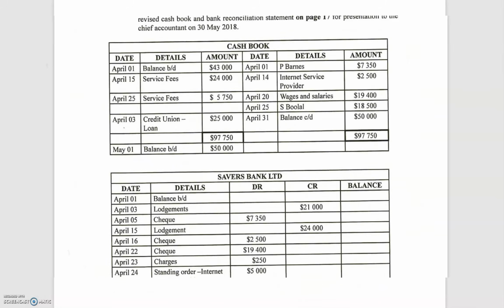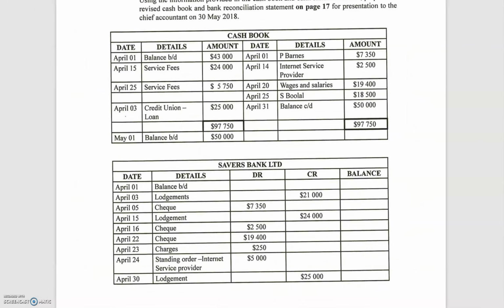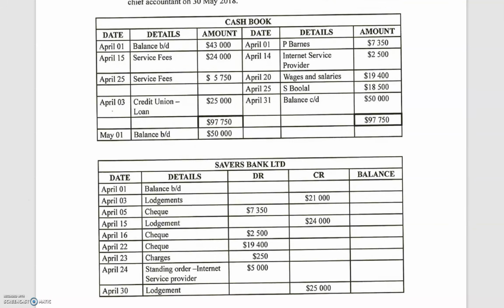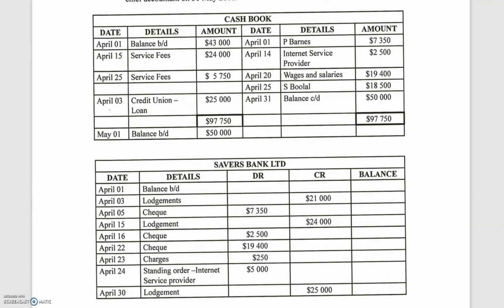Now you will recall from previous videos in the series that in the procedure for reconciling the bank statement balance with the cash book balance, when we are preparing the bank reconciliation statement, the first thing we do is examine both documents to determine what entries are the same and what entries are different.